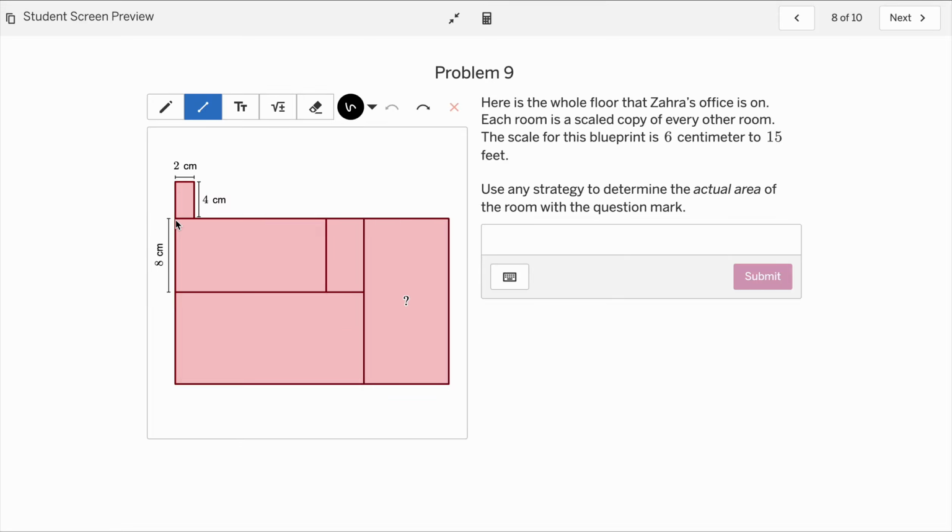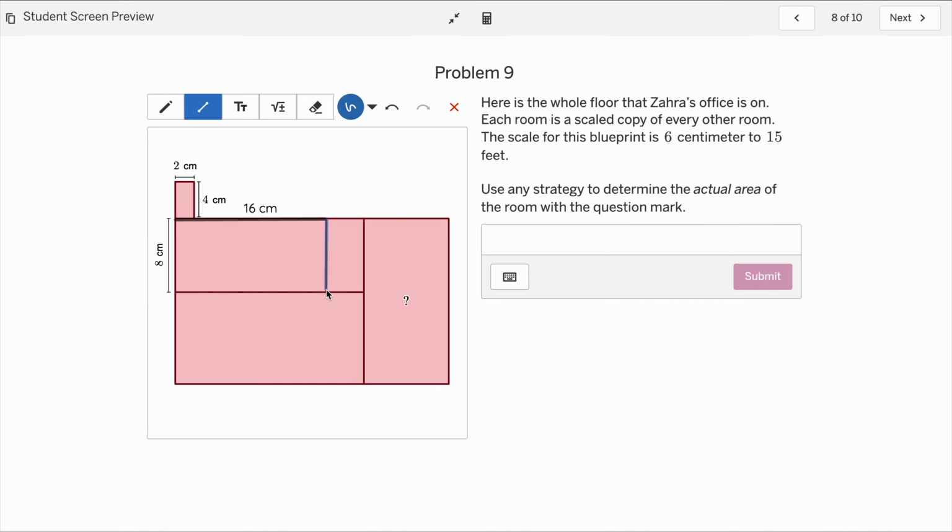So this section right here, I'm just going to type it, is 16 centimeters, right? Okay, so there's our 16 centimeters right here. And then if we were to take this right here and bring it down, we know that 2 times 4, let me change the color here.